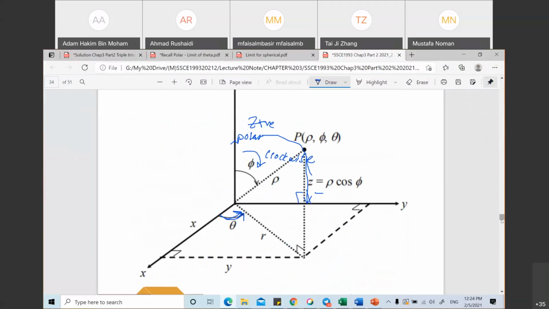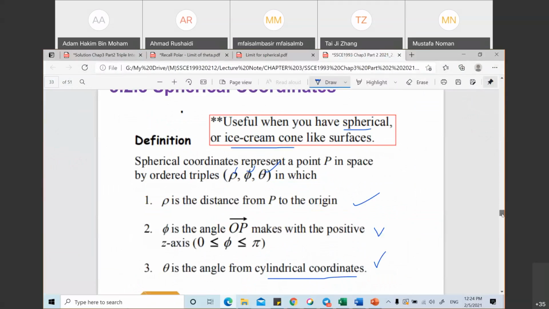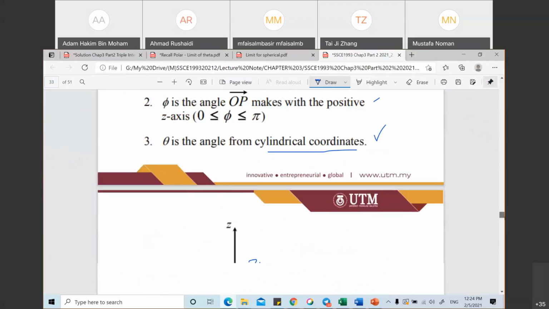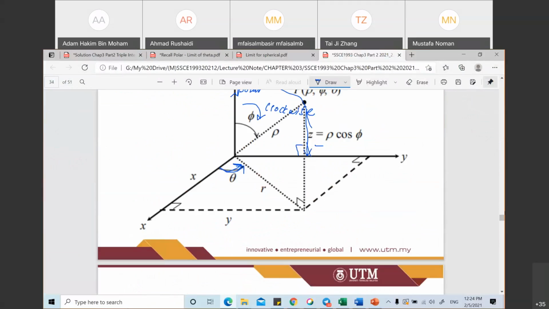Good question. You see here, the phi is the angle that makes the positive z-axis. If I rotate from here to here, it is the same as if I rotate here to here. You cannot measure from here to here; it is not applicable.